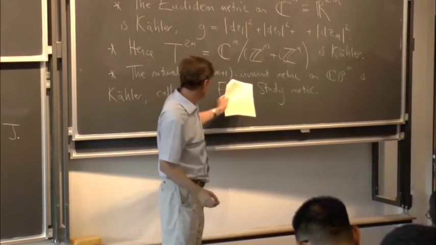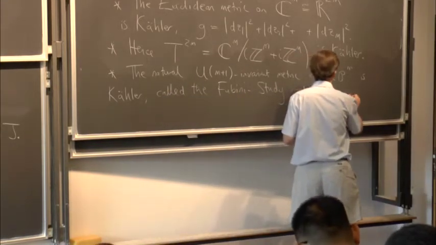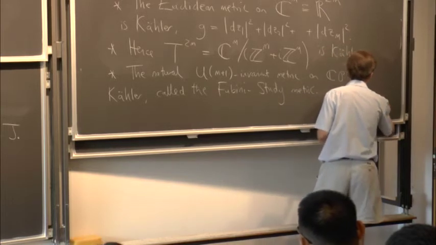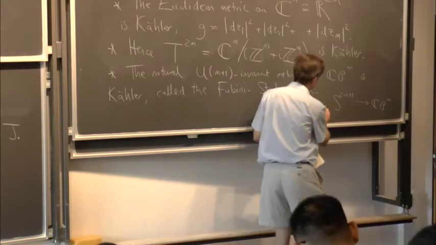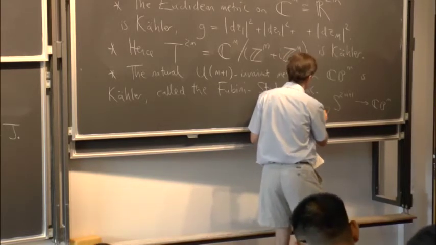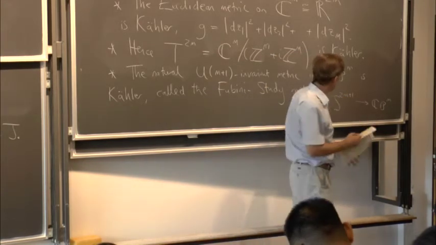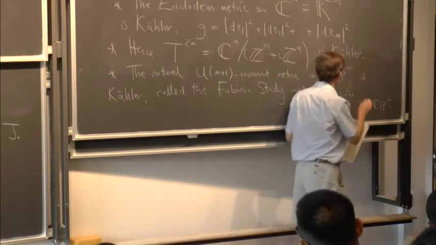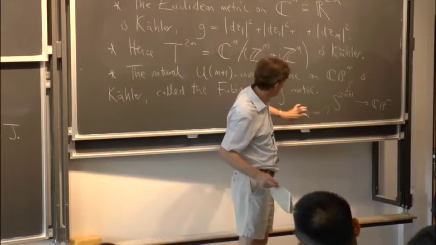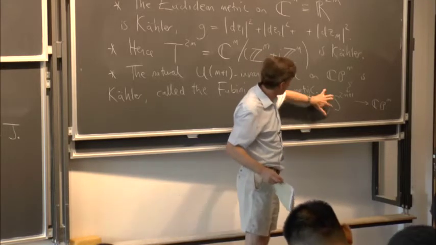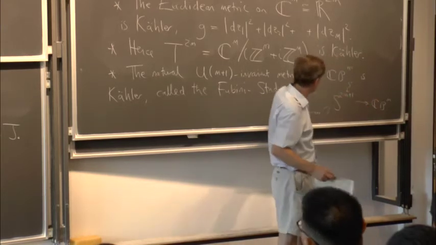You can achieve this by thinking about the unit sphere inside C^{n+1}, which has a natural projection down to CP^n with fibre S^1. On S^{2n+1} there's the round metric given by restricting the Euclidean metric, and there's a way of inducing a metric on the base by the Riemannian submersion construction.